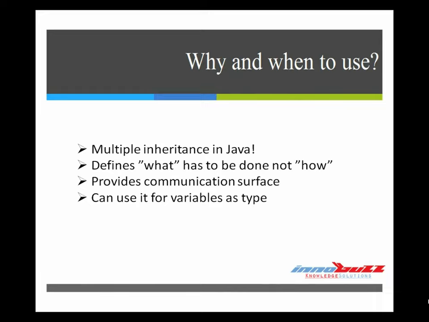And as I told, we can use it for variables as a type, and we can pass it to methods, for example, as I've shown. So this is very useful. And also there is something called programming by contract, and that I'm going to talk about in the next slide.